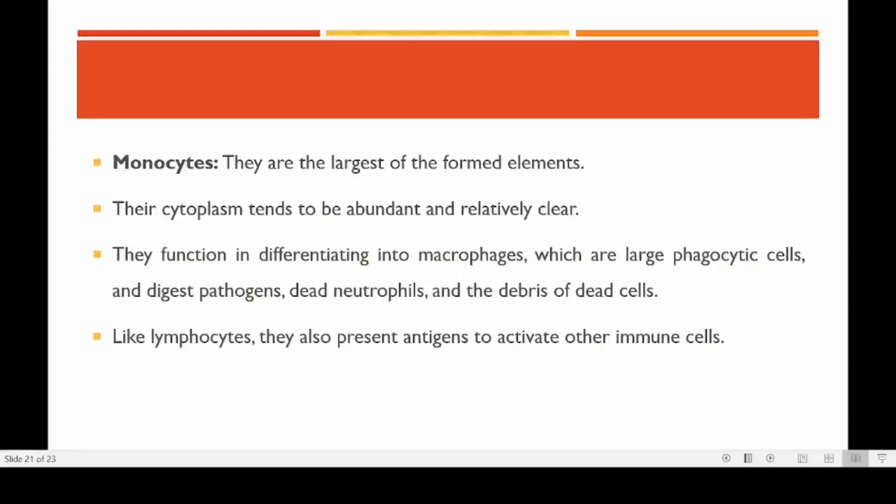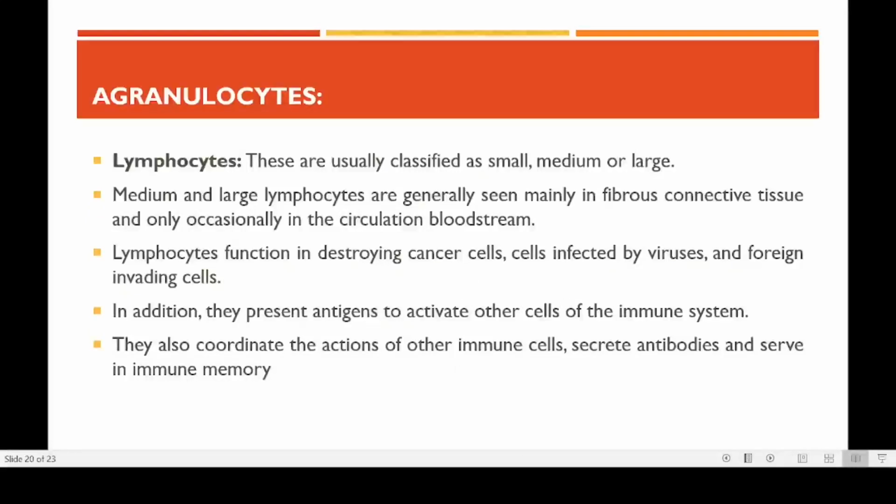Now another function of the lymphocyte is that they also present antigens to activate other cells. Lymphocytes are capable of producing antibodies or presenting antibodies to other types of WBC for killing it.